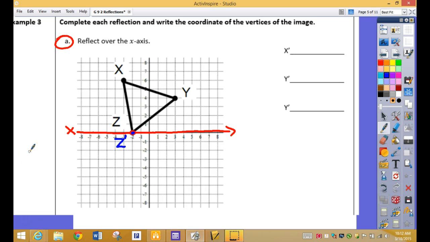Now let's go to the X. How far from the x-axis is my X? 1, 2, 3, 4, 5, 6. So you got to go 6 down from that. 1, 2, 3, 4, 5, 6. Oops, I went one over, didn't I?